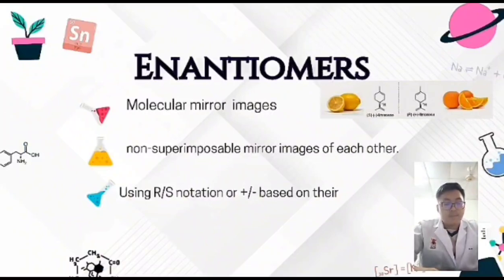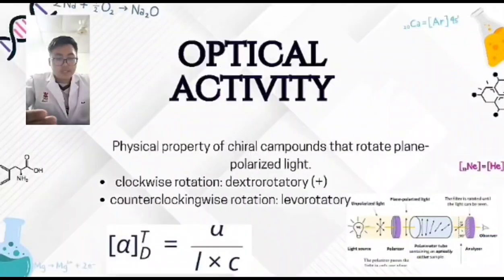Enantiomers are molecules that are non-superimposable mirror images of each other. They have identical physical properties like melting point and boiling point, and they differ in how they rotate plane-polarized light. They are labeled using R and S. Optical activity is the property of chiral compounds to rotate plane-polarized light.